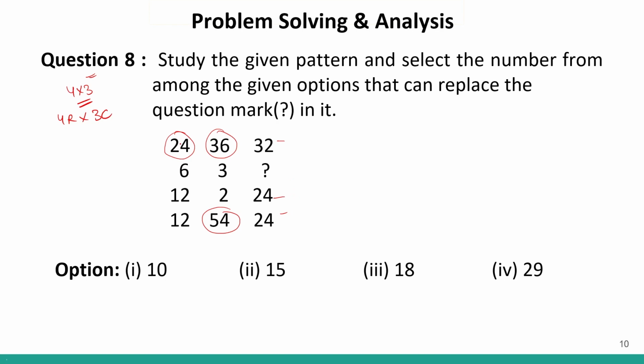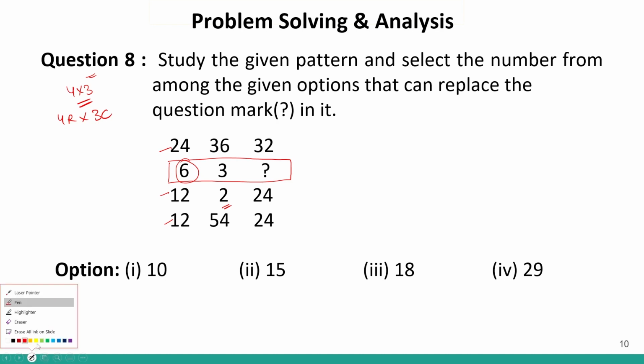But if I look at probably this row, it is significantly smaller than the other numbers. With the exception of 2, these numbers are significantly smaller than these 3 rows. So maybe I can assume that certain operations are being carried out on these elements to get this number. This is my assumption.